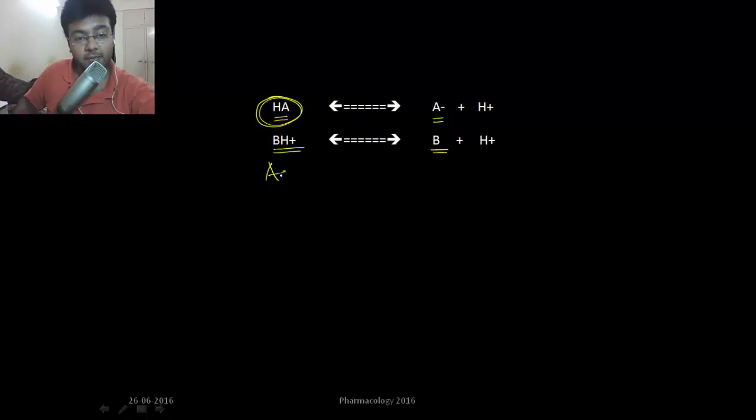It will be an acidic medium. If you put a weak acid in an acidic medium, it won't react. It will be in its non-ionized form. But if you put a weak acid in a base, it will be in ionized form because it will react with the base. Similarly, if you put a base in an acid, it will be ionized. If you put a base in a base, it's non-ionized.